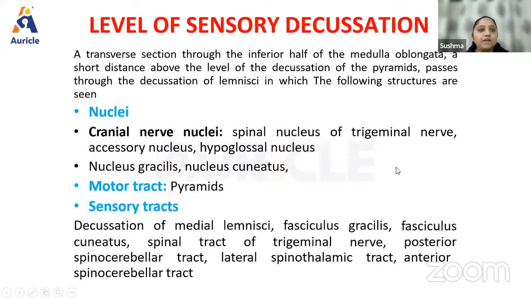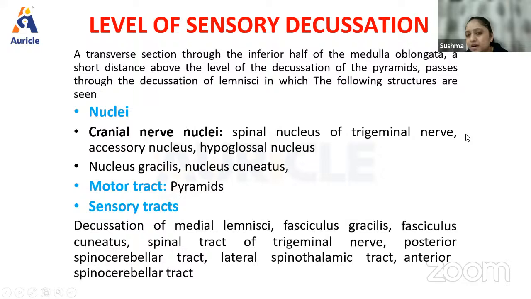Okay. Now, level of the sensory decussation. At the level of sensory decussation is where the lemnisci arise. Correct. Now, transverse section through the inferior half of the medulla, a short distance above the decussation of the pyramids, is where the decussation of the lemnisci takes place. Now, what are the different nuclei that we see? Again, there will not be much difference, guys, because we are just talking about a few millimeters and centimeters.